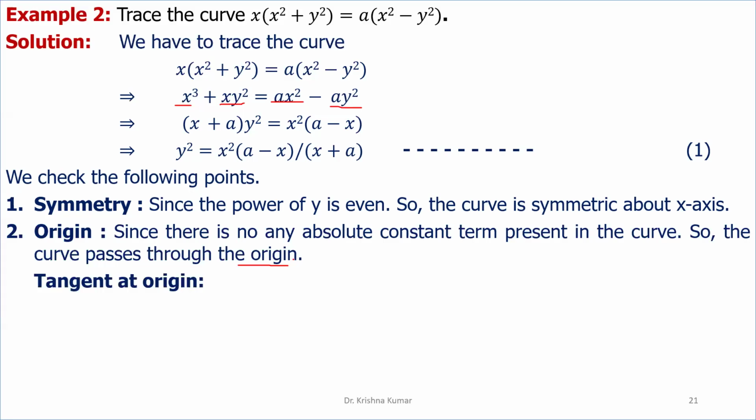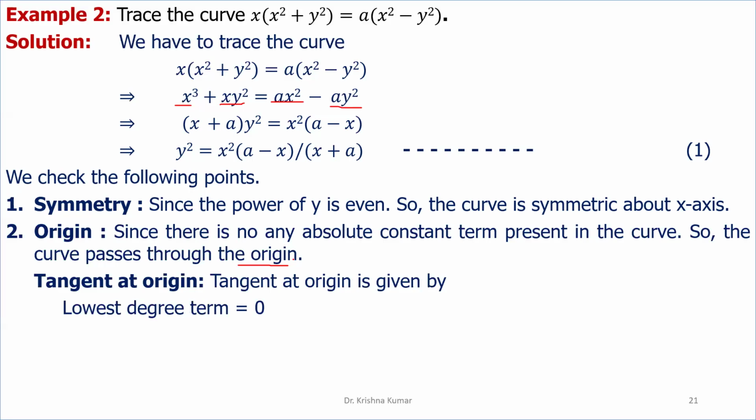Tangent at origin is given by the lowest degree term equal to 0. What is the lowest degree term? The degree of this term is 3. The degree of this term is 1 plus 2, also 3. Here a is constant, so the degree of this term is 2 and this term is also 2. So the lowest degree term is this.